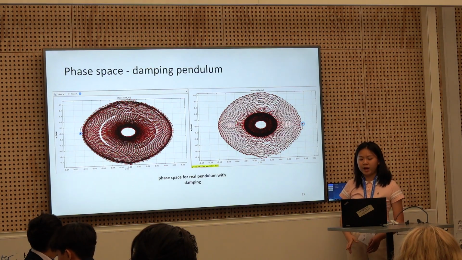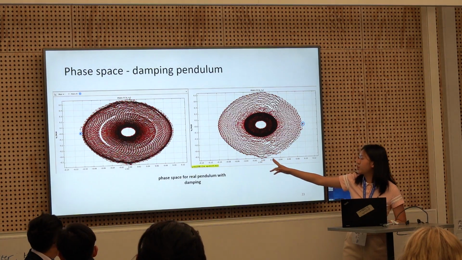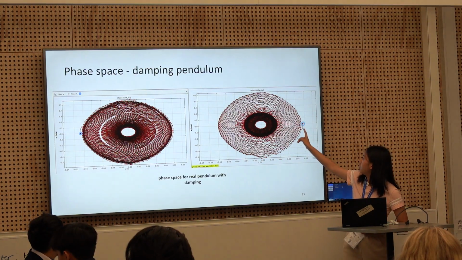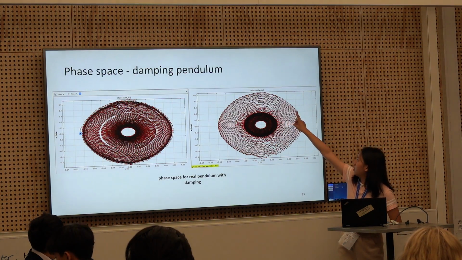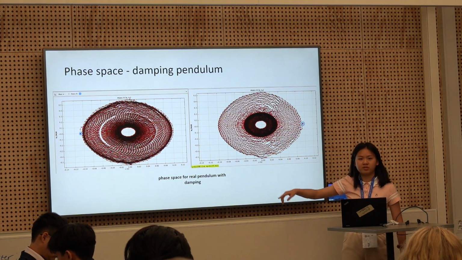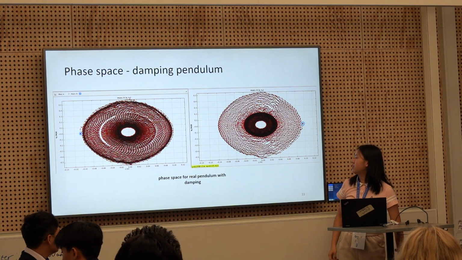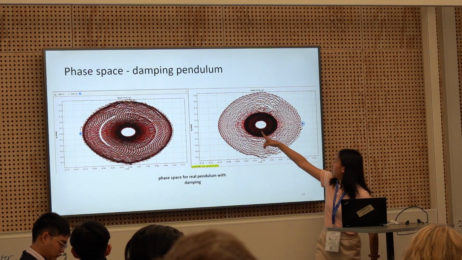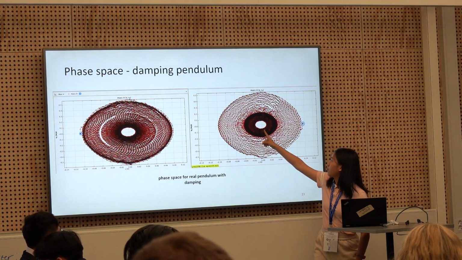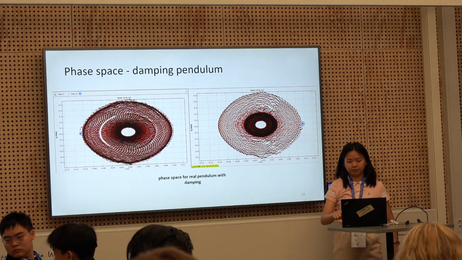If the pendulum is not ideal, the phase space looks like this, measured in Tracker. As you can see, the radius of the trajectory generally decreases, which means energy is dissipated as time goes on. Finally, it comes to the center here, which means there's a stable equilibrium at this point.